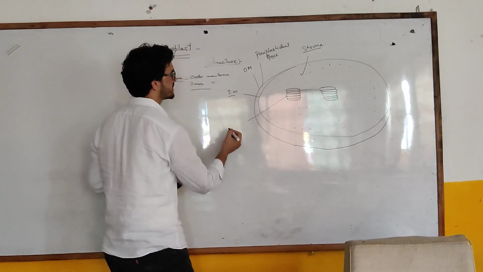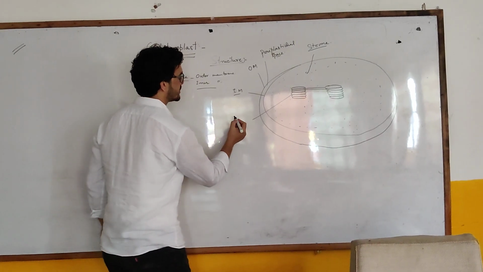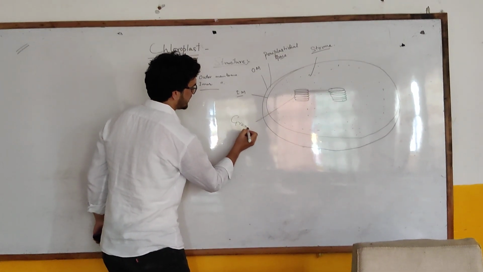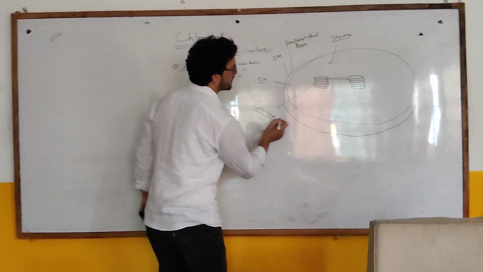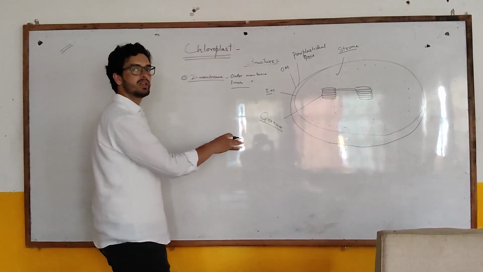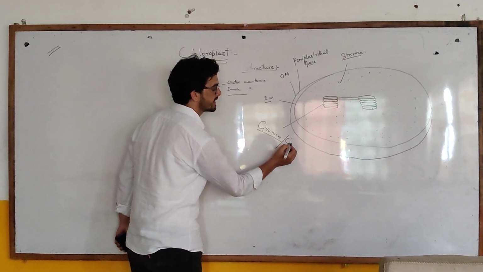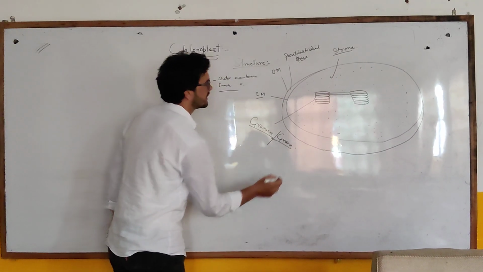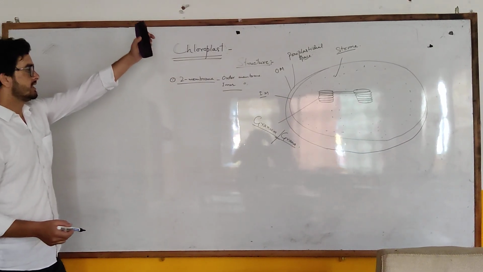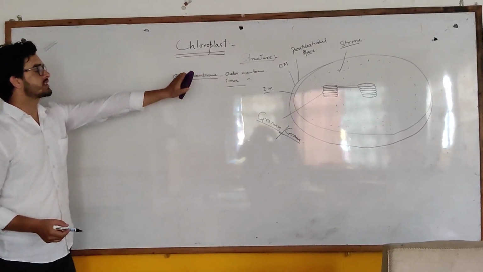These granular structures are present inside the stroma. It is known as granum when singular, and when there are many grana, we call them grana. So we will study these structures in detail.